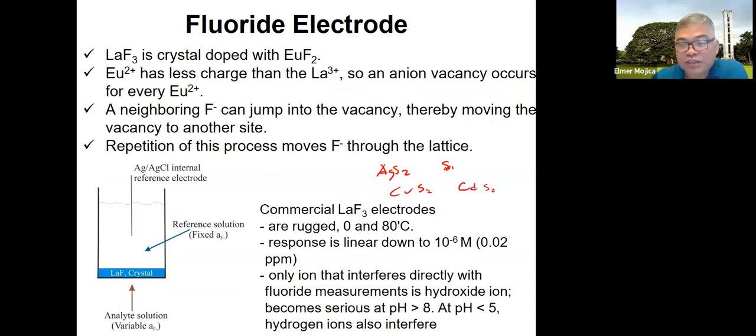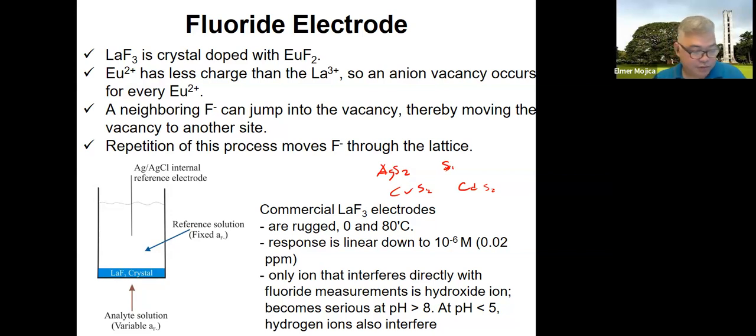Usually they respond to divalent cations. The electrodes from these materials have electrical responses similar to the electrodes of the third kind. I don't know if you still remember the electrodes of the first, second, and third kind. These divalent sulfides by themselves are not conductors and do not exhibit ion selectivity.